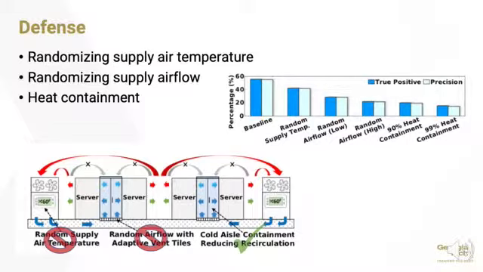The other defense mechanism is heat containment. So heat containment would decrease heat recirculation significantly by sealing both the cold air and the hot air aisles.